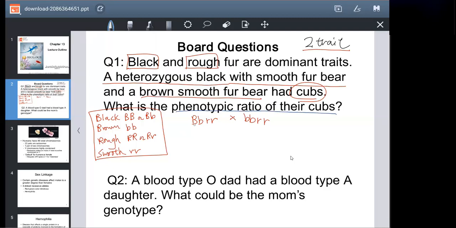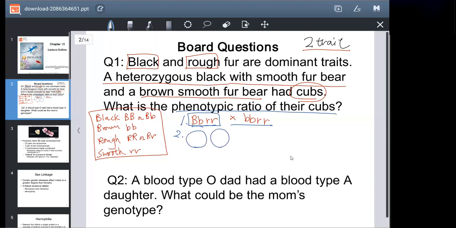Let's do this. Number one, you list out the genotype. Number two, you figure out what? The gametes. What type of gametes would this particular bear make? Let's think through.